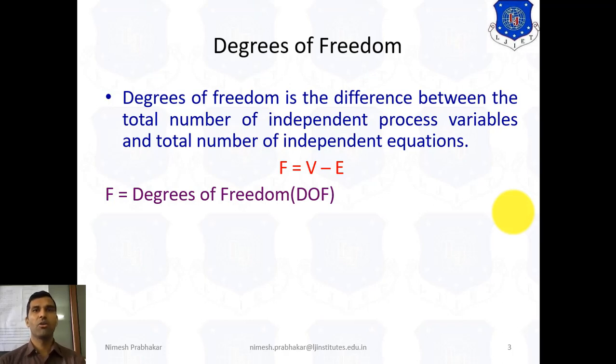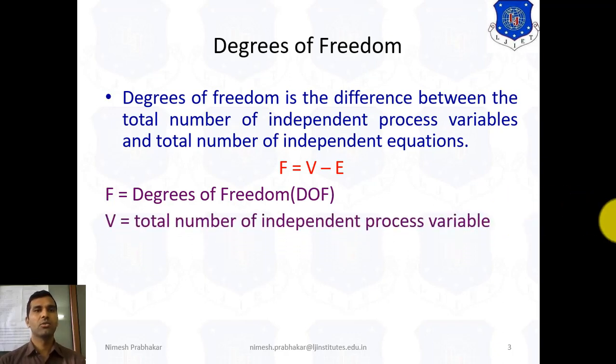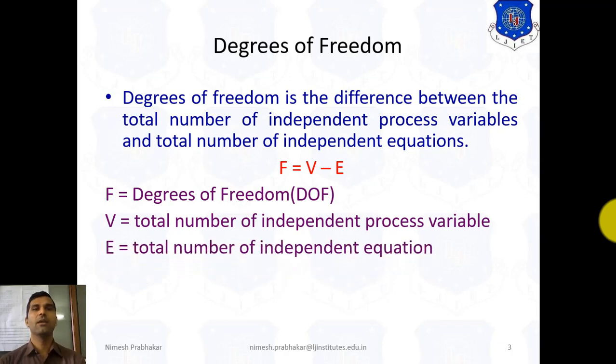So DOF is nothing but the degrees of freedom, and here V indicates the total number of independent process variables. That means in the process there are a number of variables, so V indicates the total number of independent variables in the process, and E indicates the total number of independent equations.